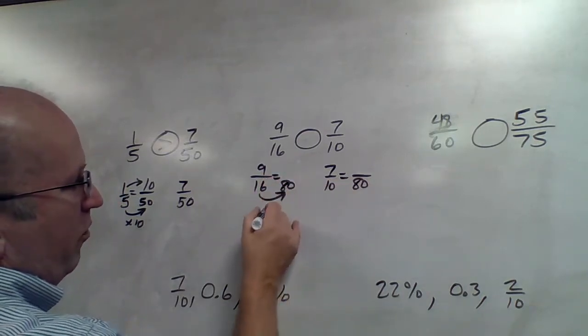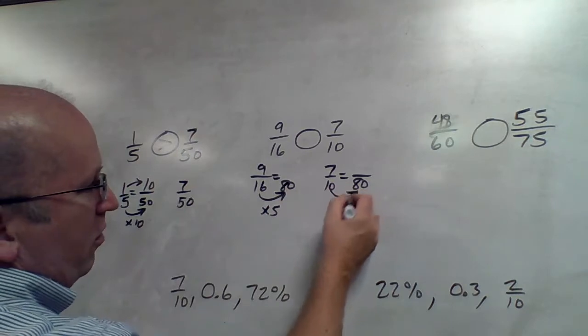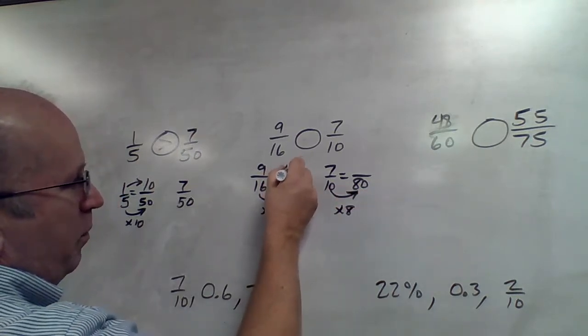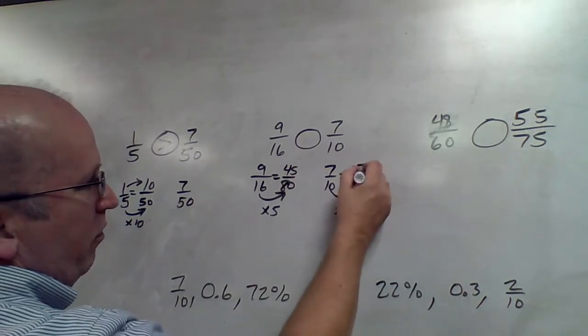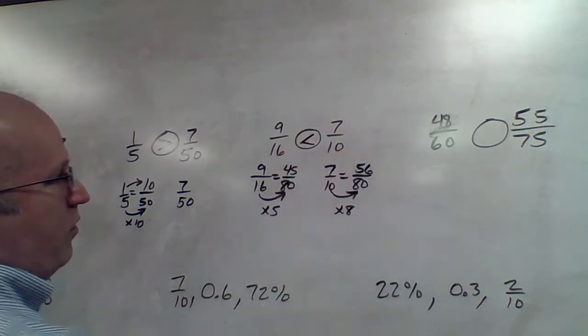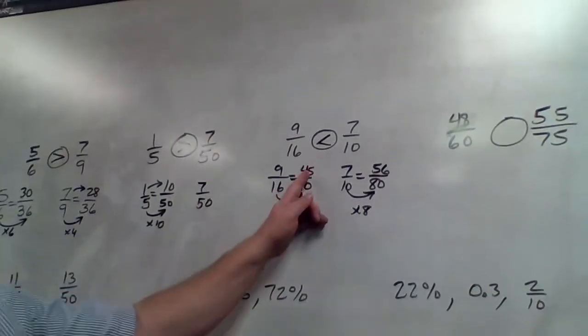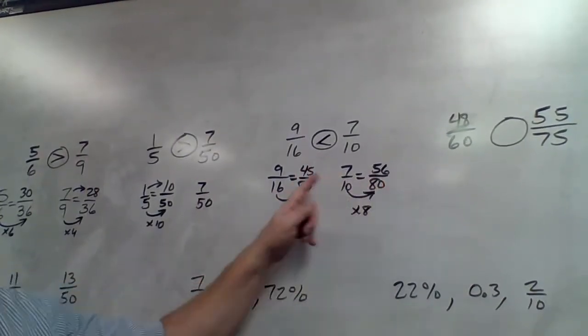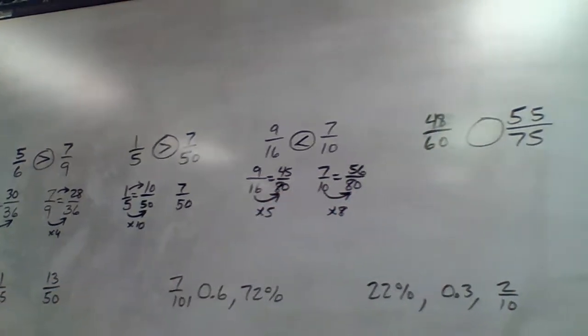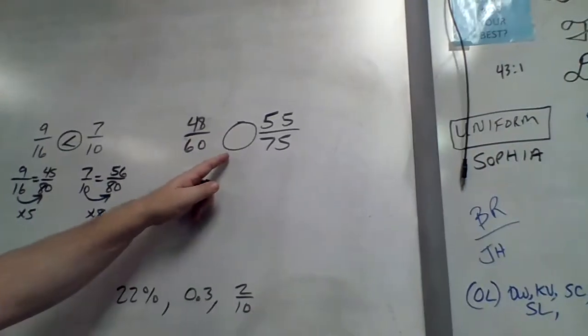This is times 5, and this is times 8. So I'm going to use those same patterns on top, and I'm going to get 45, and I'm going to get 56. And so in this case, I have to have a less than symbol because 45 is less than 56 80ths.